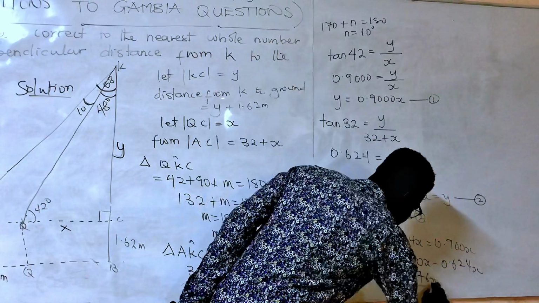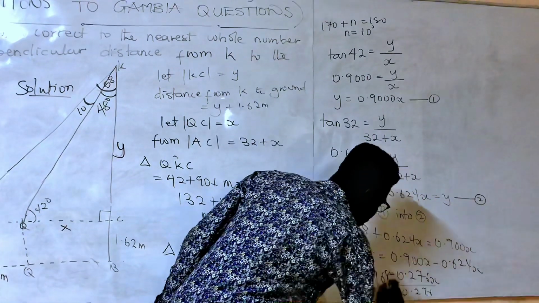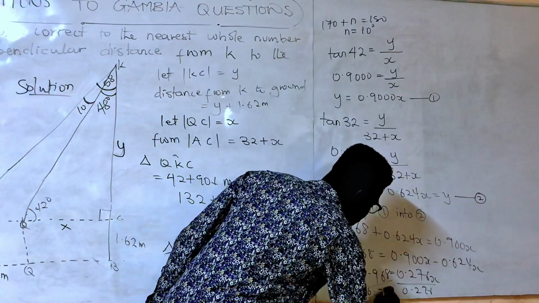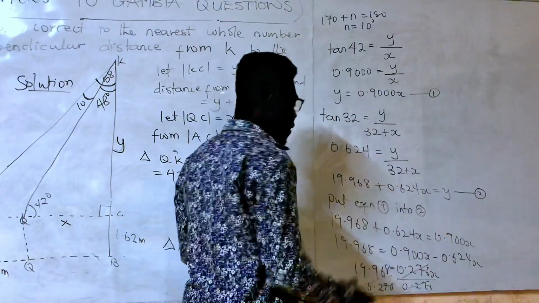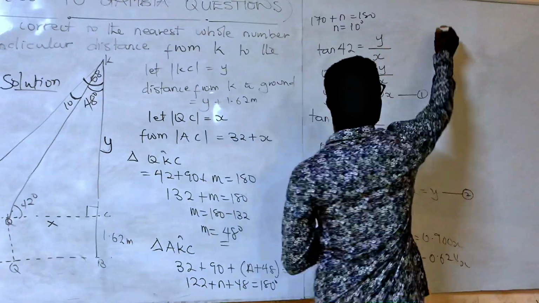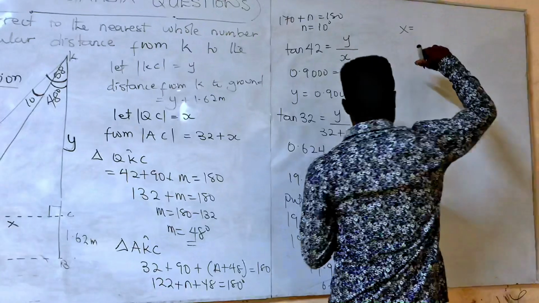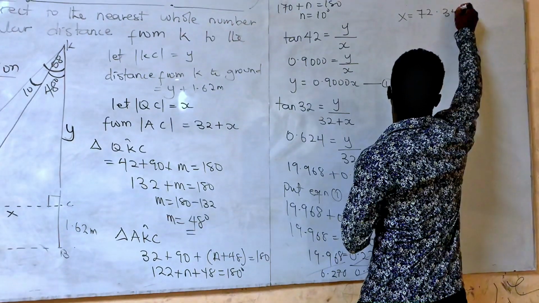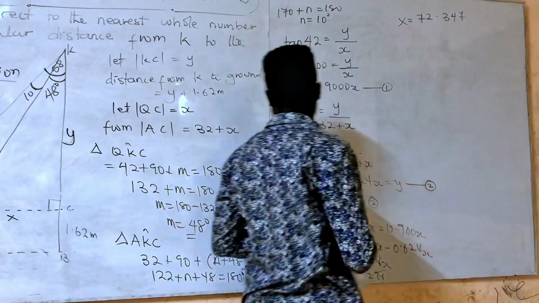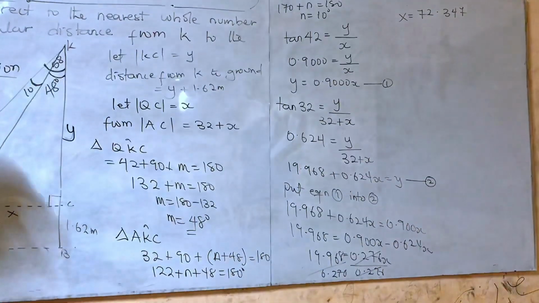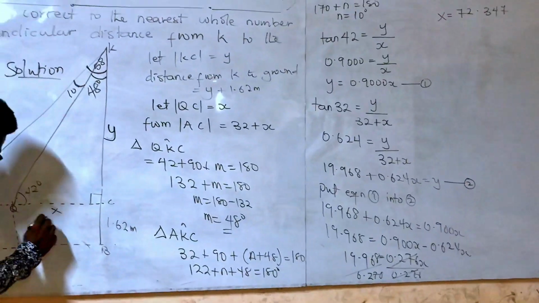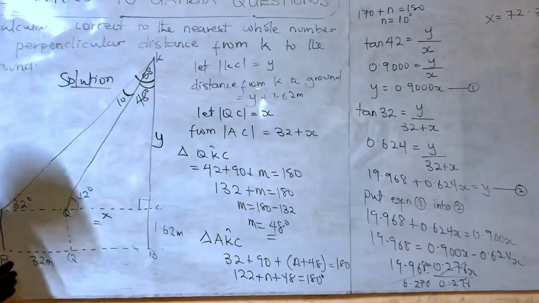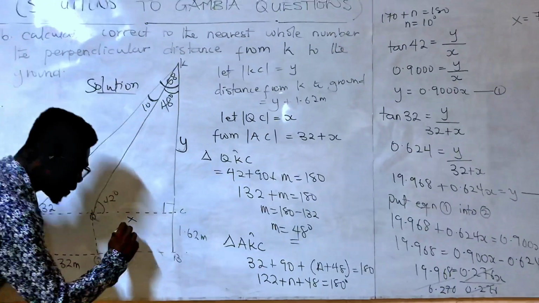We divide by 0.276 on both sides, and x is going to be 72.347. So let's come here. We are getting our x to be 72.347.